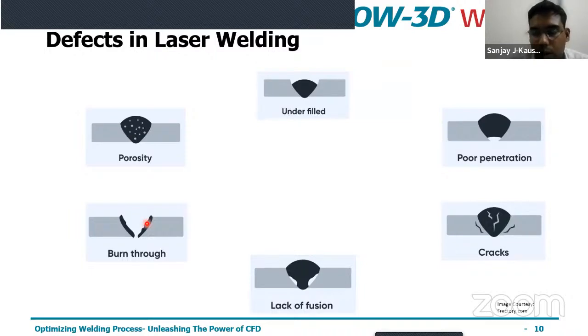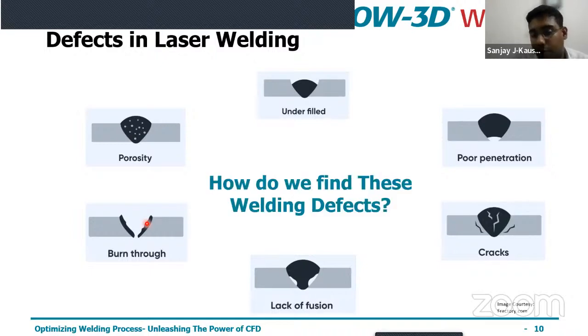Once you do the laser welding process, you will find most of these defects in your joint or in your product. But the real question remains, how can we find these welding defects before we do that? It is very expensive to do an experimental setup, with machine time, manpower time, and also very limited knowledge of the process parameters.